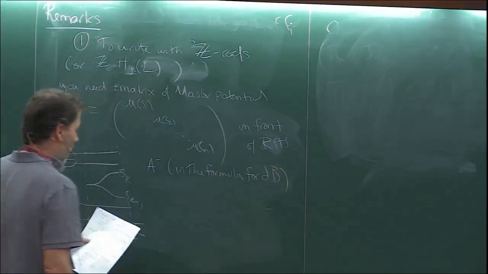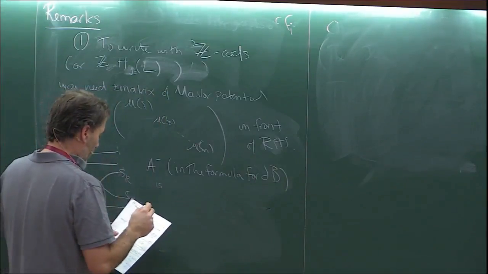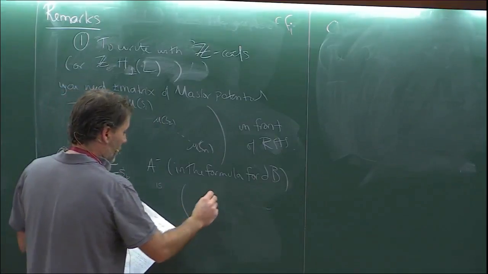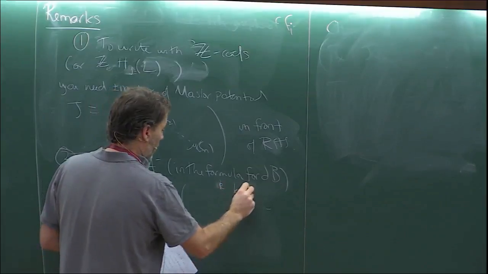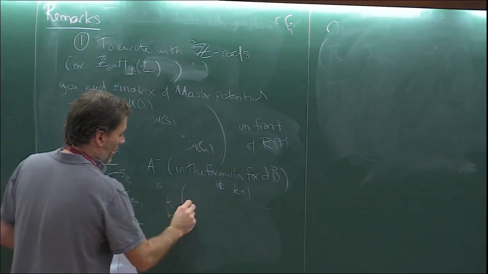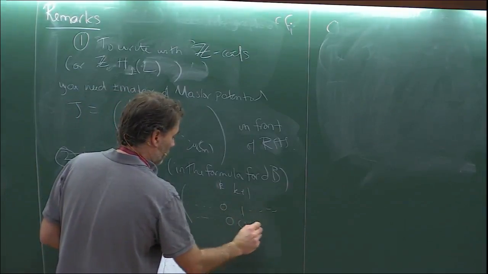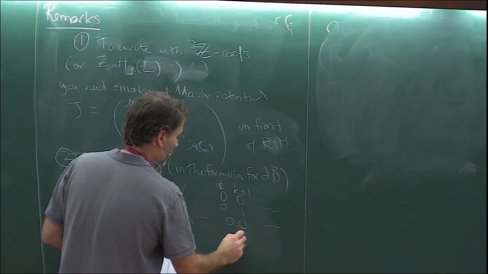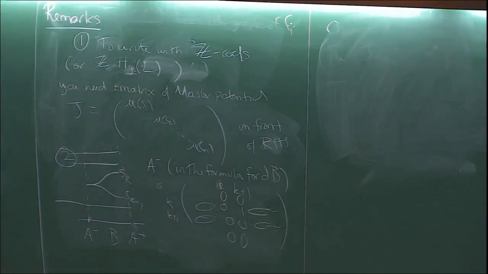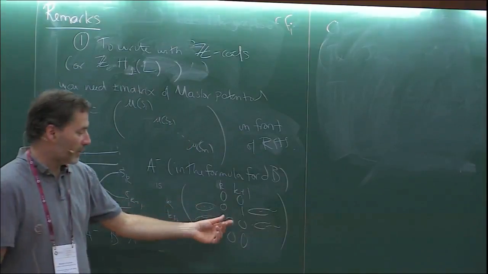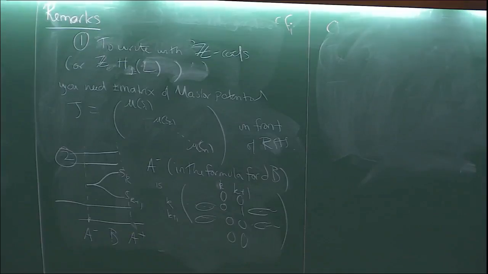Then what you do is A minus in the formula for dB is enlarged to look something like, in the k plus 1 row and column, you put in a matrix that looks like this. So these are zeros, zeros. So you add two columns and rows of zeros, except you put a 1 there, or something with a sign.